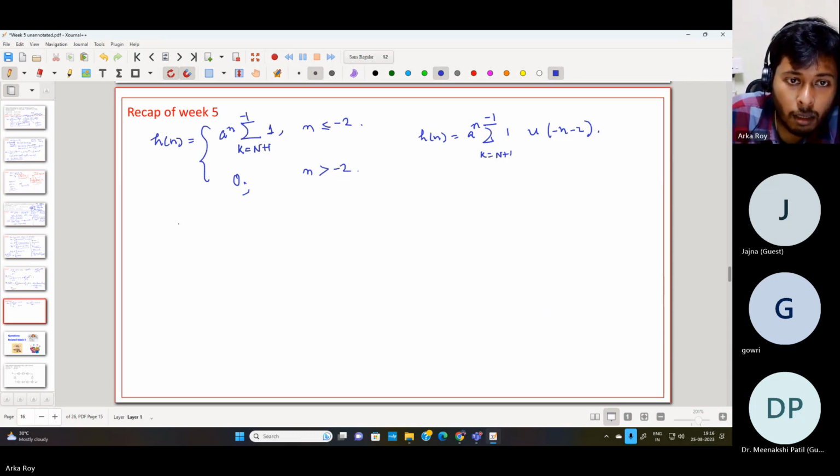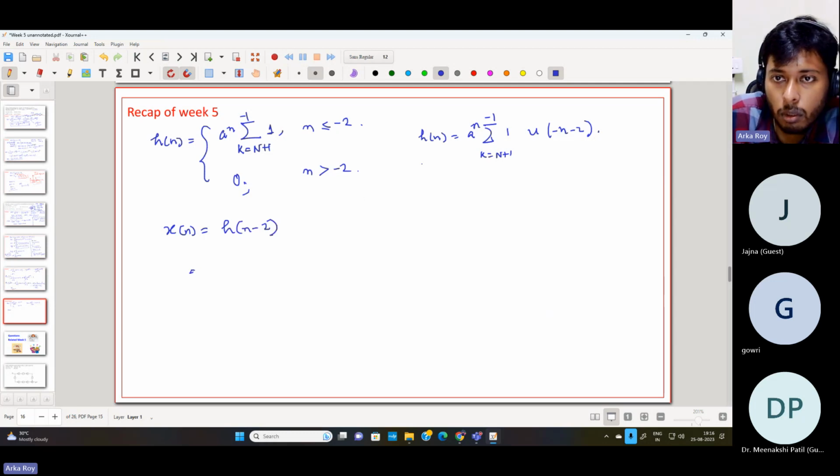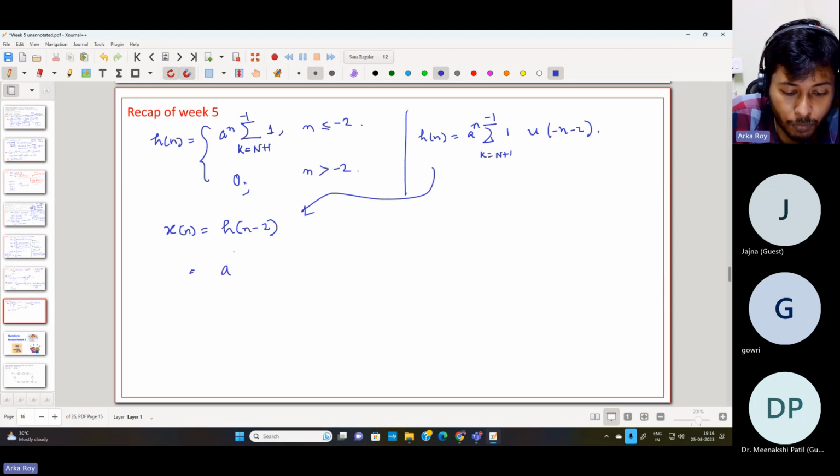Okay. Now we had seen that x of n was h of n minus 2. So we have just got what is h of n. So we need to just put n minus 2 in all the argument spaces.